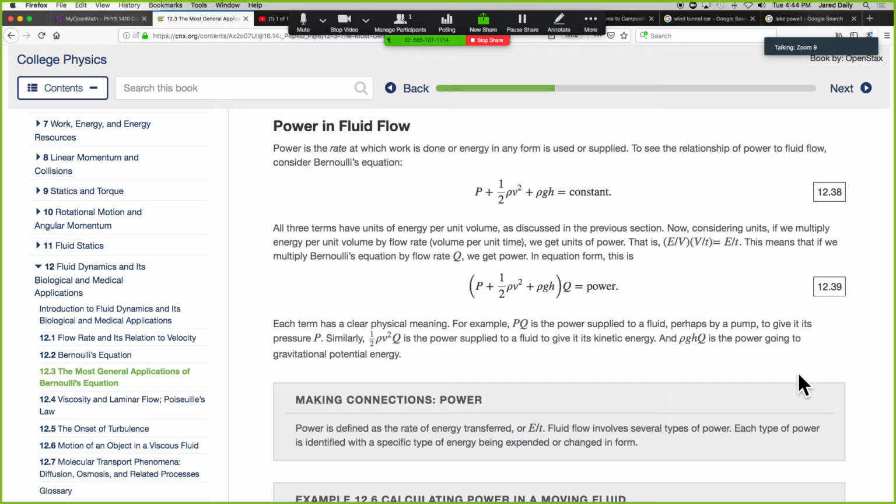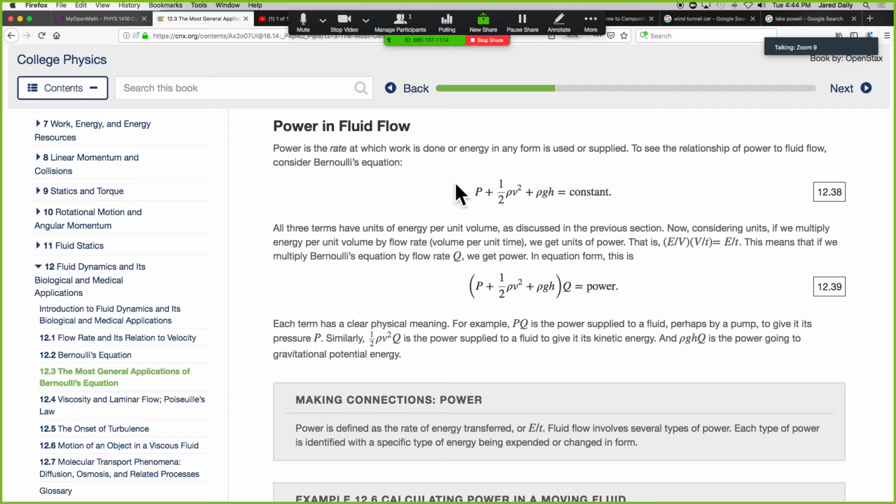And then you can even talk about power in fluid flow, because the power of something is equal to the energy divided by the time, right? You have energy per time, that's your power. Well, this is not quite energy. This is actually kind of like energy divided by volume. So it turns out that if you multiply this by flow, which is volume per time, you'll get power.